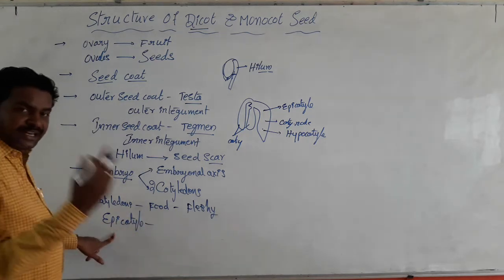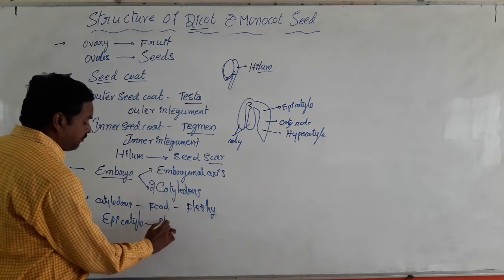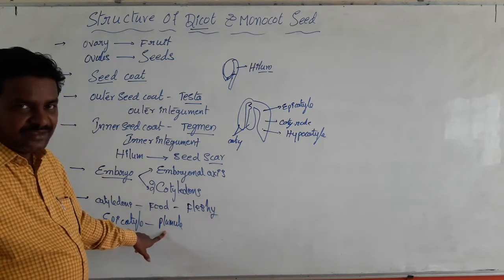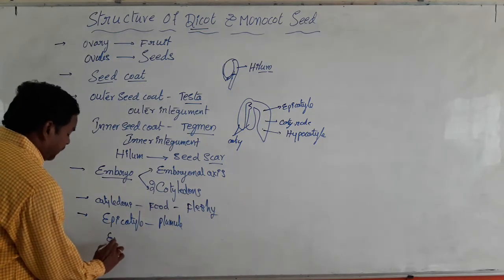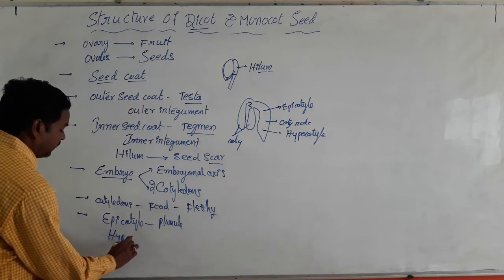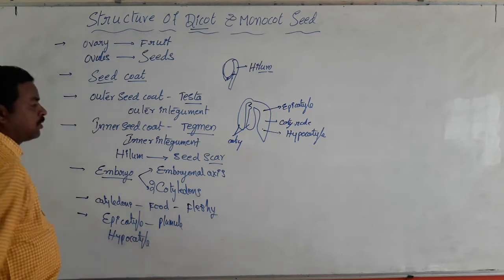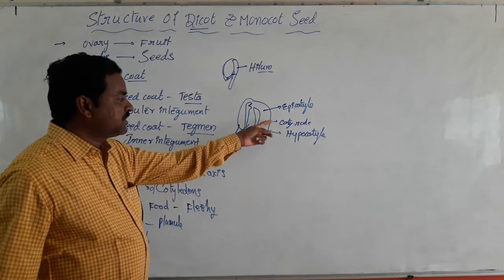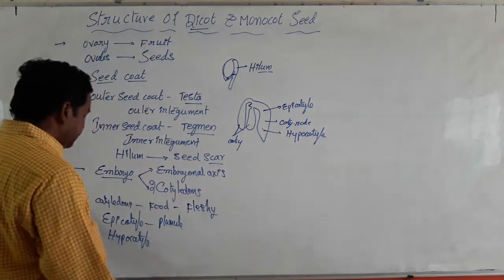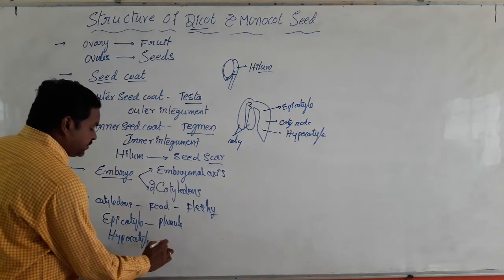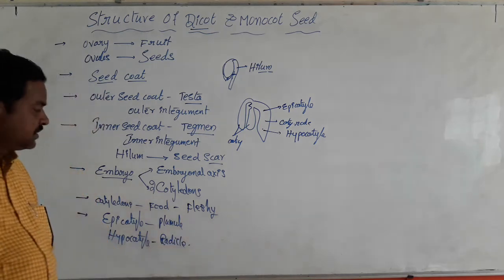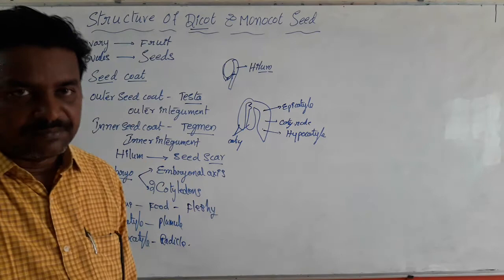The epicotyl of the embryo terminates into the primary stem or primary shoot, which is called plumule. Similarly, the hypocotyl, the part of the embryonal axis present below the cotyledonary node, terminates into the radicle, which is considered the primary root system.